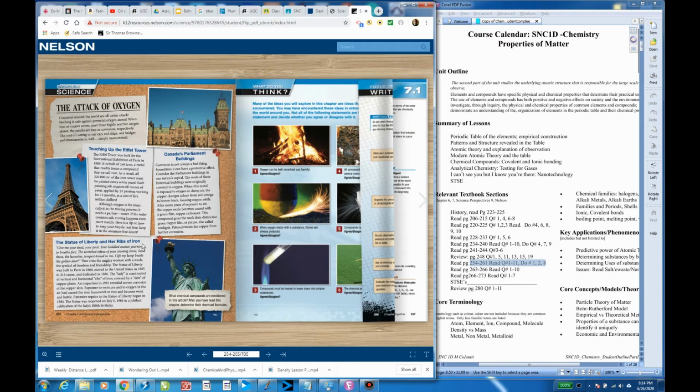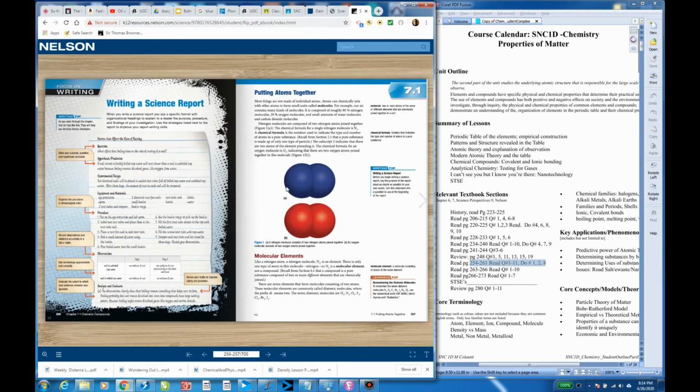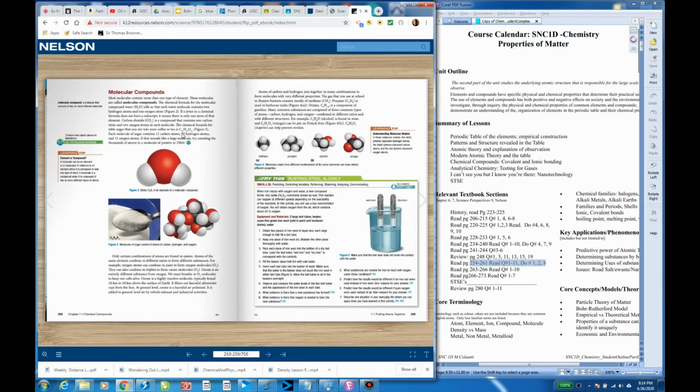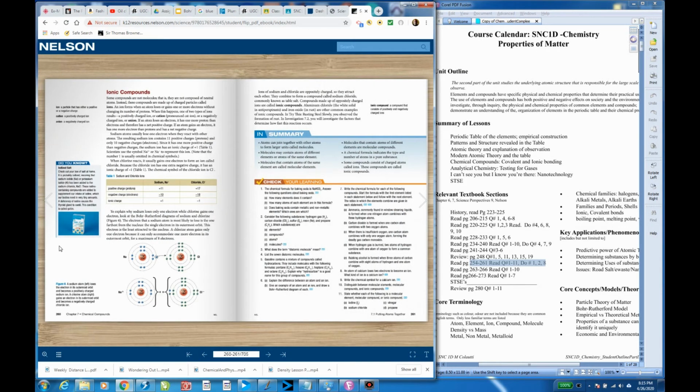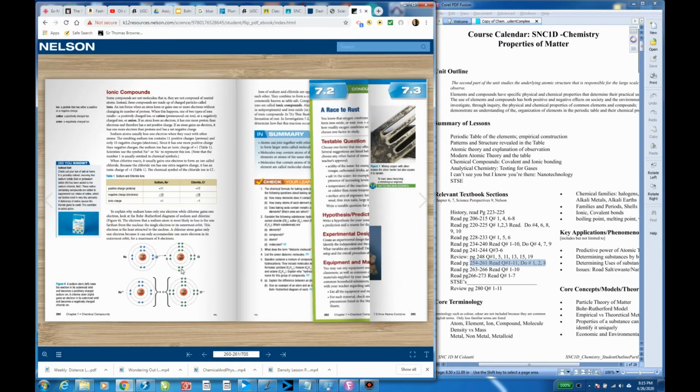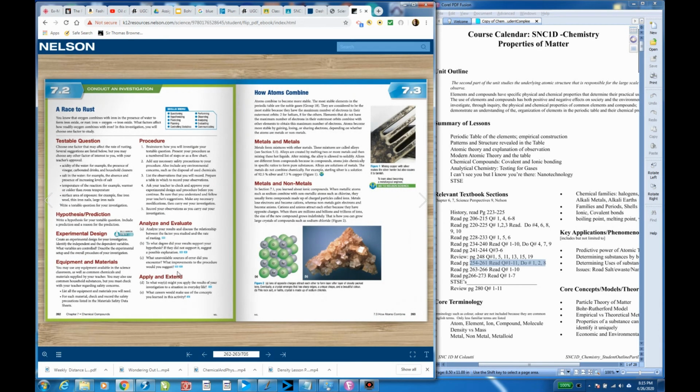Chapter 7 focuses on the marriage of atoms, how we put atoms together. And there are two kinds of bonding. Molecular bonds, or I prefer the term covalent, and you'll see why, and ionic bonds, or ionic compounds. That's the last part of chemistry. So you're looking at how atoms are put together and how they bond, and we're looking at two forms of bond. That is it. And that will be built on directly in grade 10.